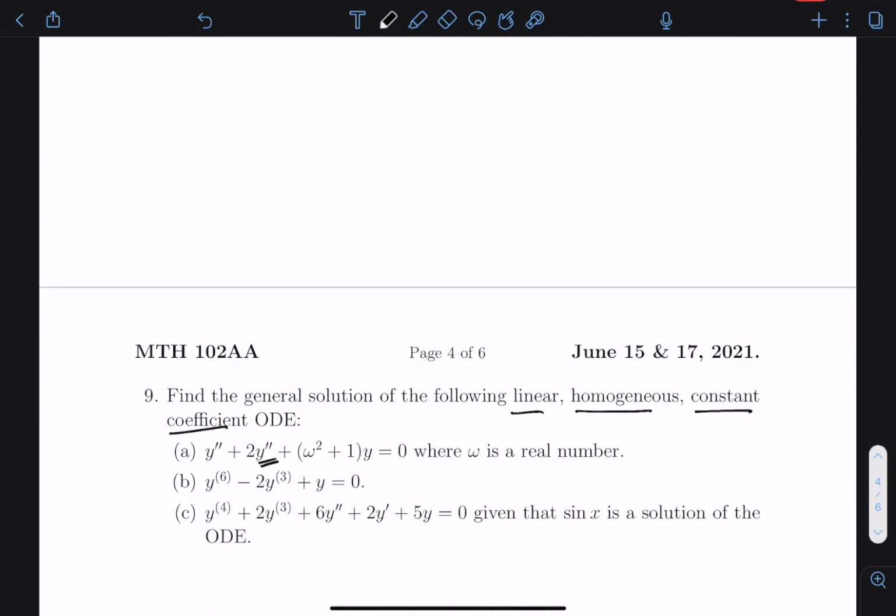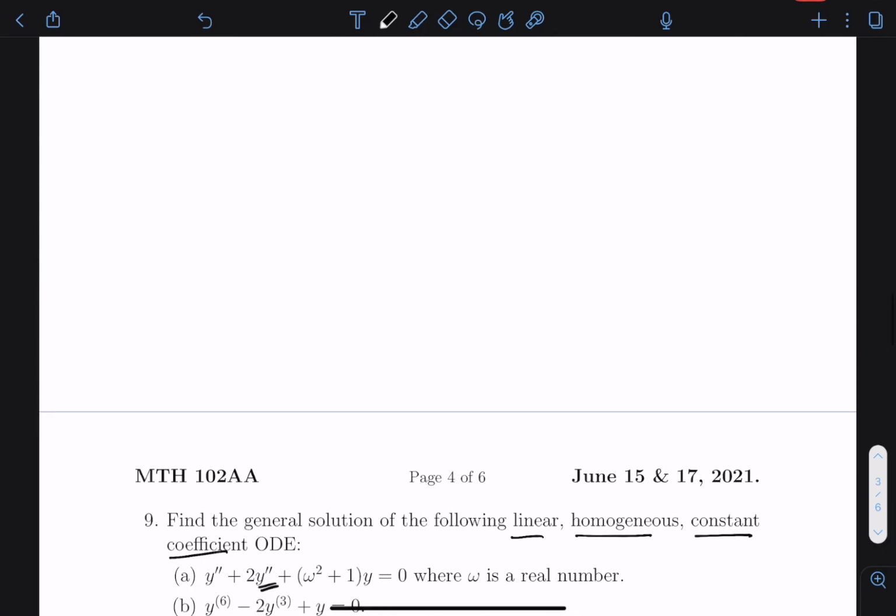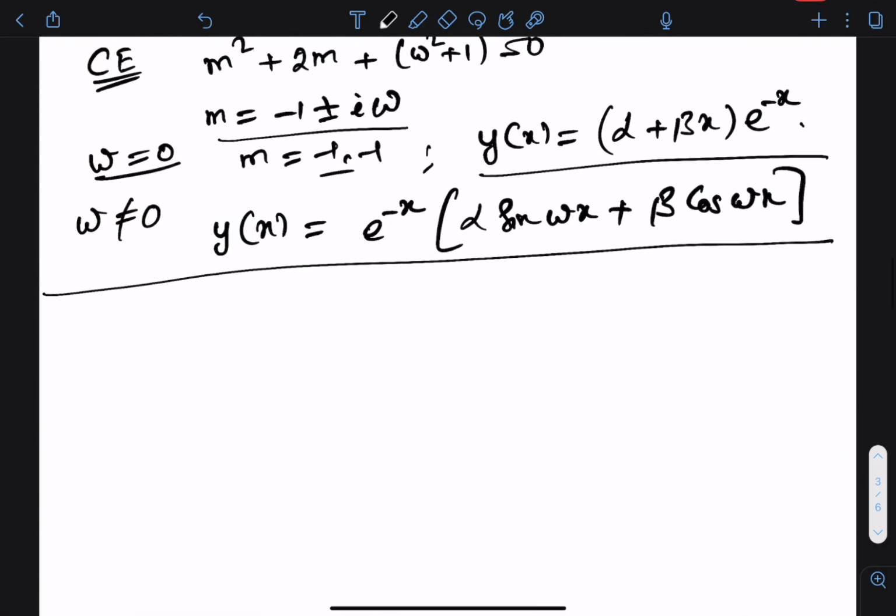Now let's do 9b, which is a 6th order ODE, but it's a linear and constant coefficient ODE. So 9b, it's y power 6 minus 2y cube plus y equal to 0. Right?